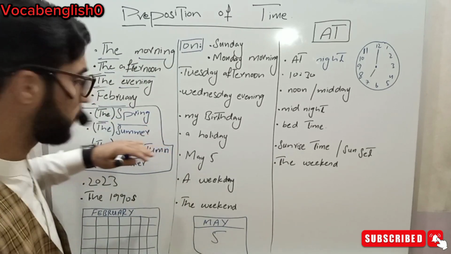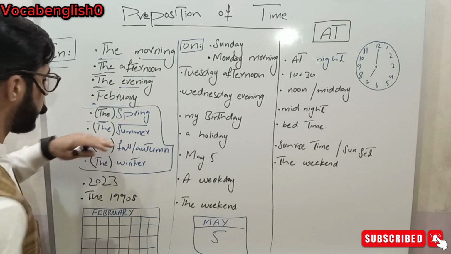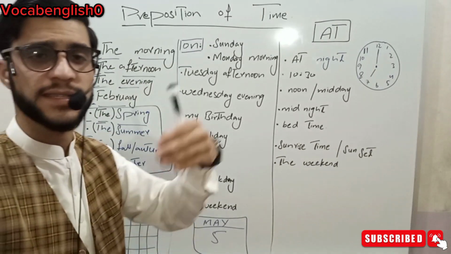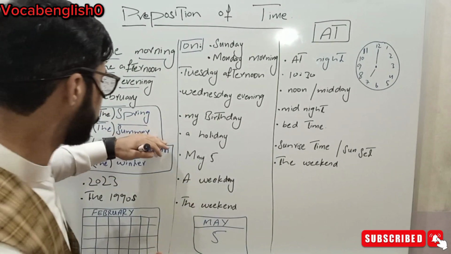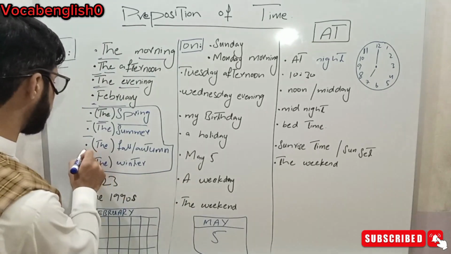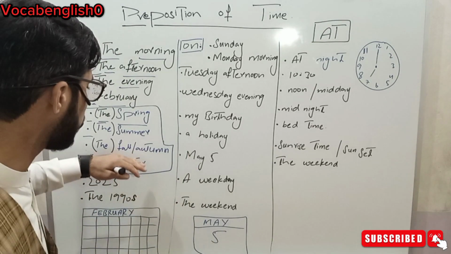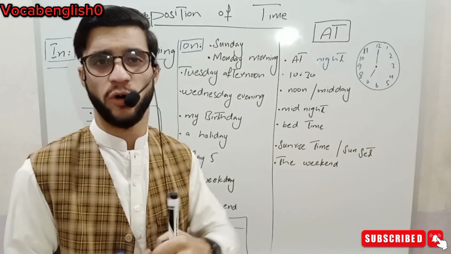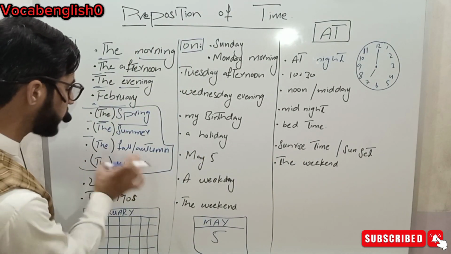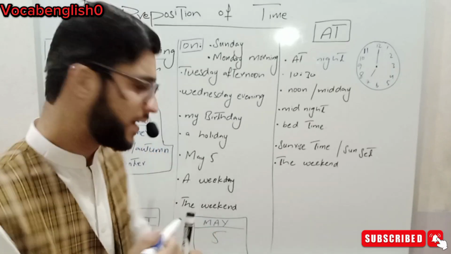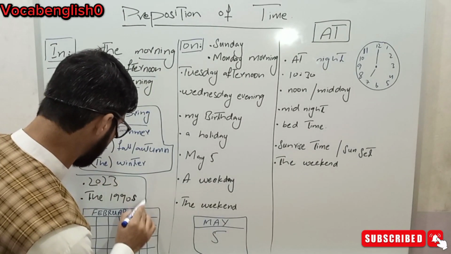In the spring, the second is in the summer. In the spring season, in the summer season, the third is in the fall or autumn, and the fourth is in the winter. The next is years.